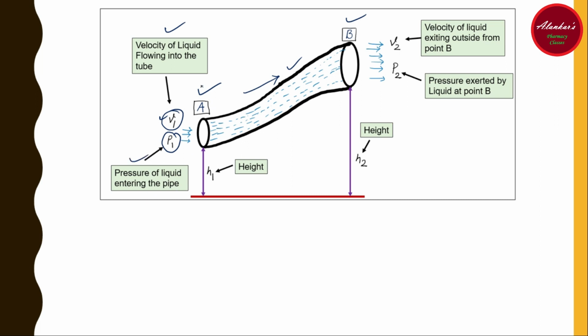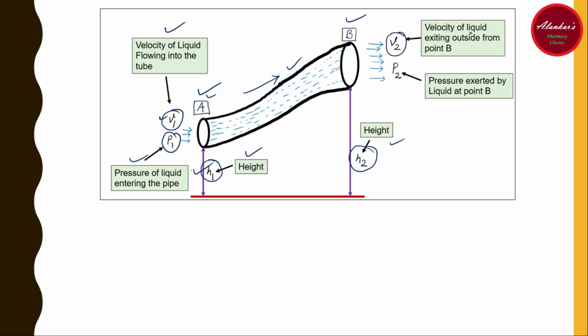The liquid is flowing from point A to point B, and you can see the cross-sectional areas of the pipe at point A and point B are different. H1 is the height of the column at point A, and likewise H2 is the height of the column at point B.